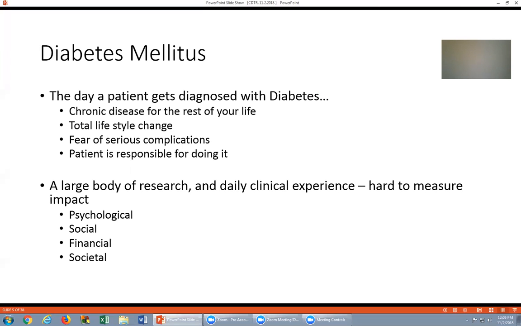And the more patients you see with diabetes, the more you interact with them, you realize you're not doing the right thing. There's a very, very large body of research, and I'm not going to present that today. And then just based on my daily clinical experience, what I do know is the things that are very hard to measure. What's the psychological impact? And if anybody is doing that, I'll be very happy to talk to them.